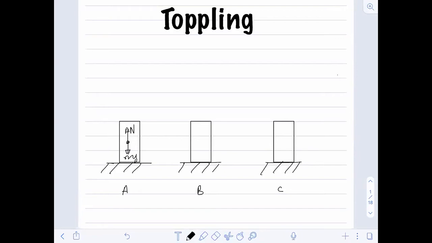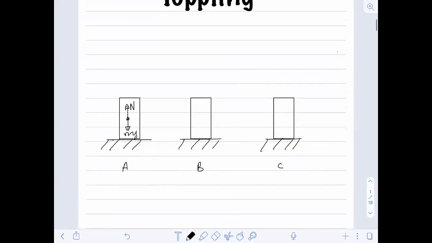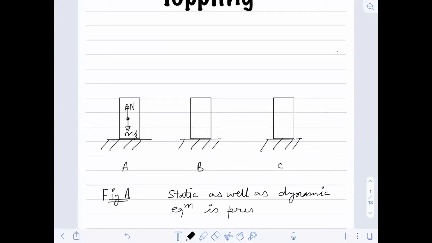So for figure A, I can say static as well as dynamic equilibrium is present. Static means net force is equal to 0 and dynamic means net torque is also 0.